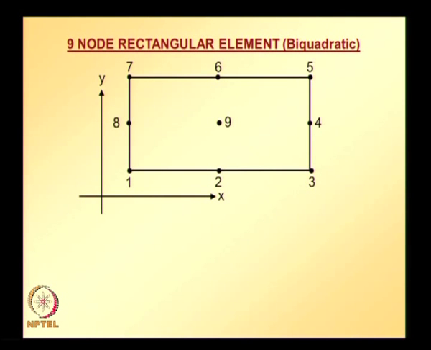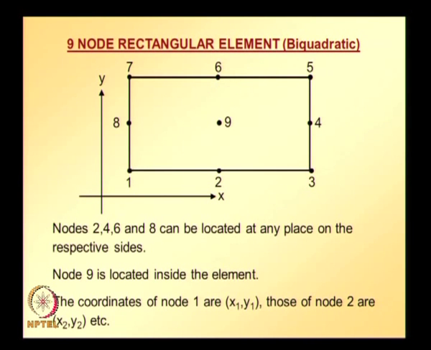Nodes 2, 4, 6, 8 can be located at any place on their respective sides, and node 9 is located inside the element. The coordinates of node 1 are x1, y1, and similarly for the other nodes.